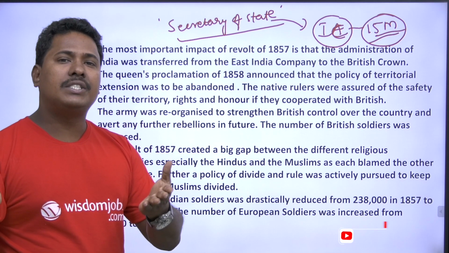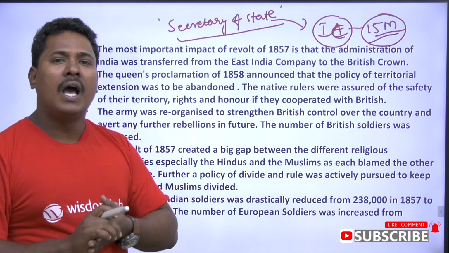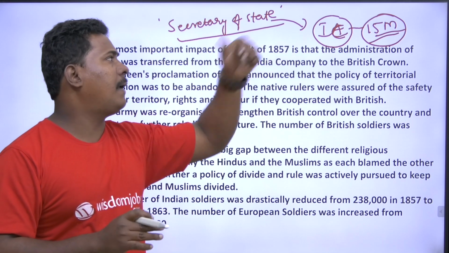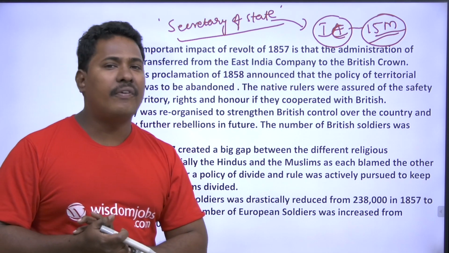So this is how the entire administration came under the control of the British Crown. The Governor General became Governor General and Viceroy, and a new designation, Secretary of State, was created, assisted by the Indian Council of 15 members.